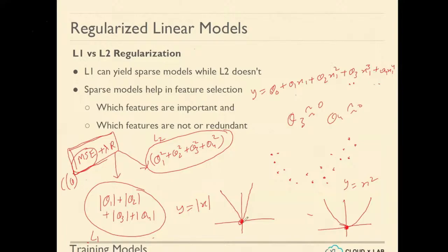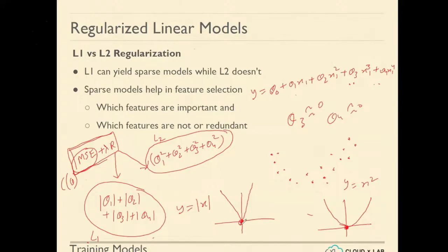Okay. So if you want to create sparsity in your model, or if you want to do feature selection, then we always use L1 regularization, right? Why L1? Because in case of L1, we can have 0 values.